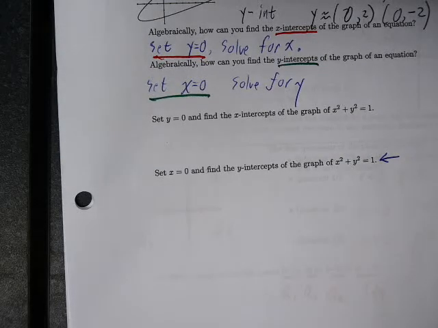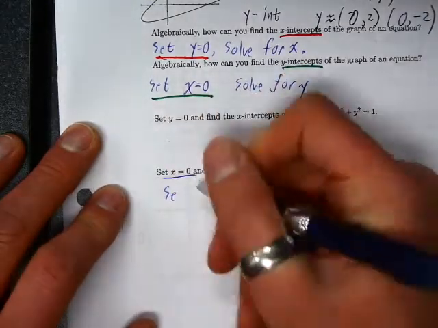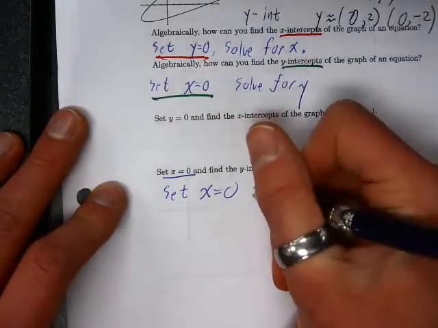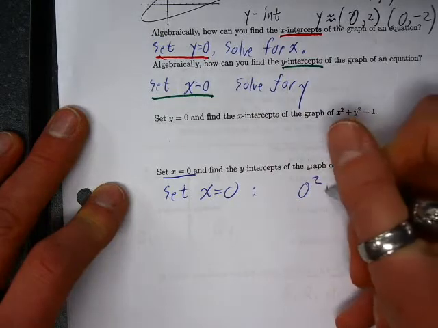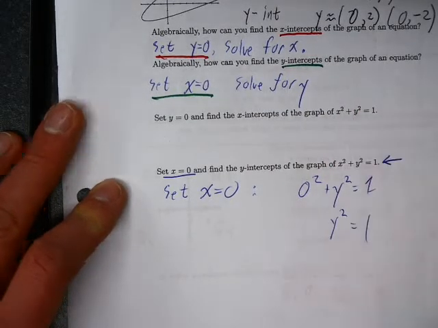So to find y-intercepts, what do I need to do? Set x equal to 0. Oh, I guess it said that. And what will that become? You'll see 0 squared plus y squared equals 1. Y squared equals 1.